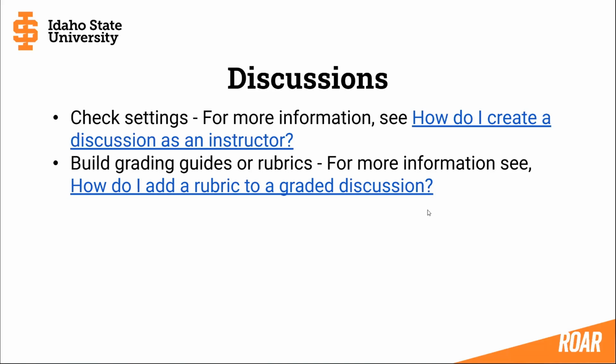Once you add a rubric to one discussion, say you use the same rubric for every discussion, it'll save it for you under your class name, and then you can find it and add it to all of your other discussions. Same goes with assignments. Kathy, anything else on that I didn't cover?